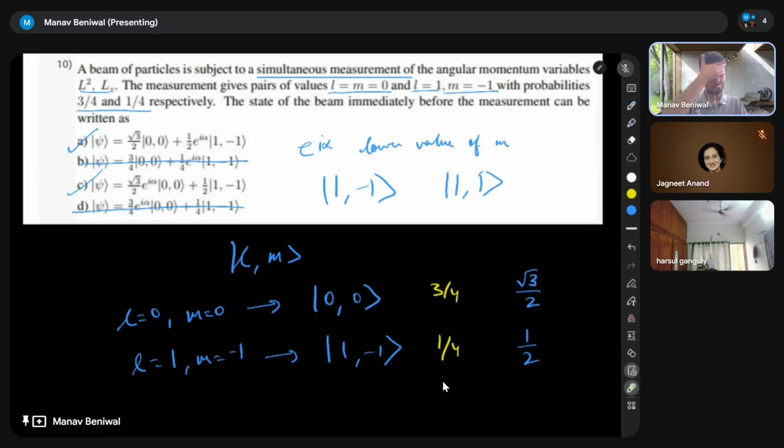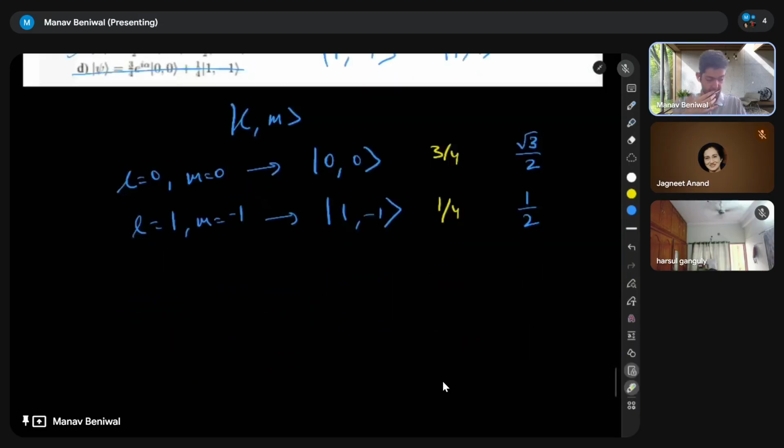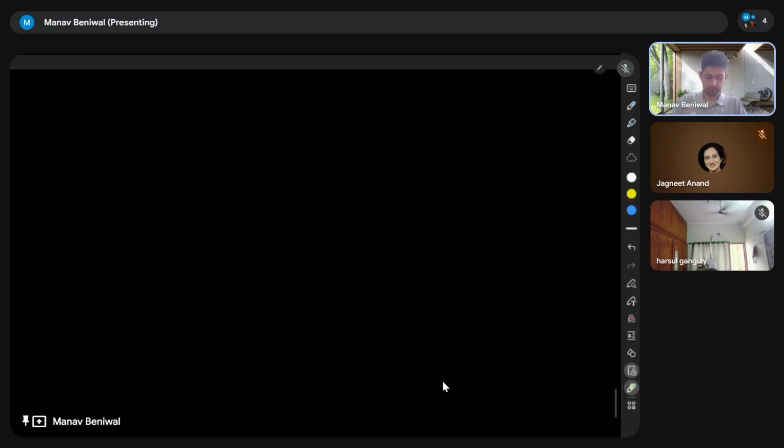Okay. So now I wanted to have a small tutorial where we'll see how we can calculate Clebsch-Gordon coefficients using the ladder operator method.